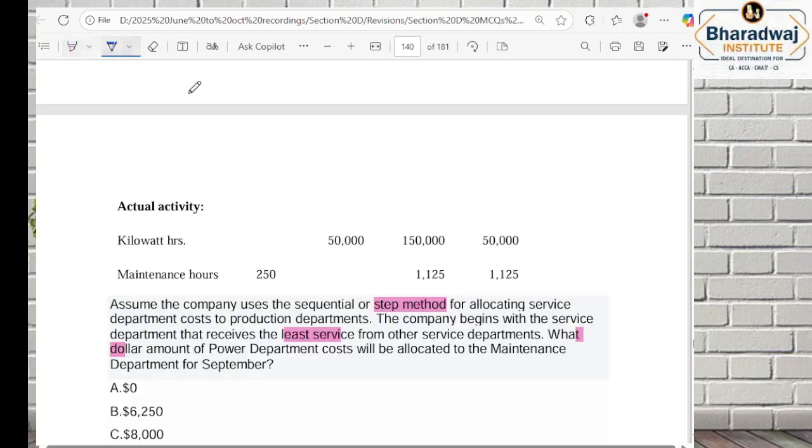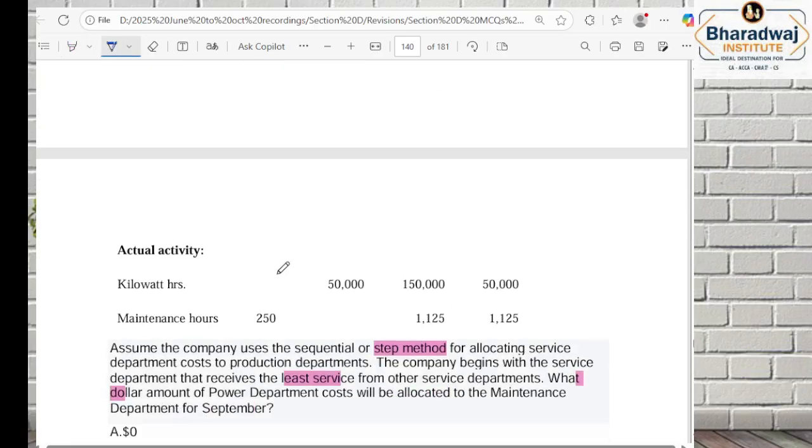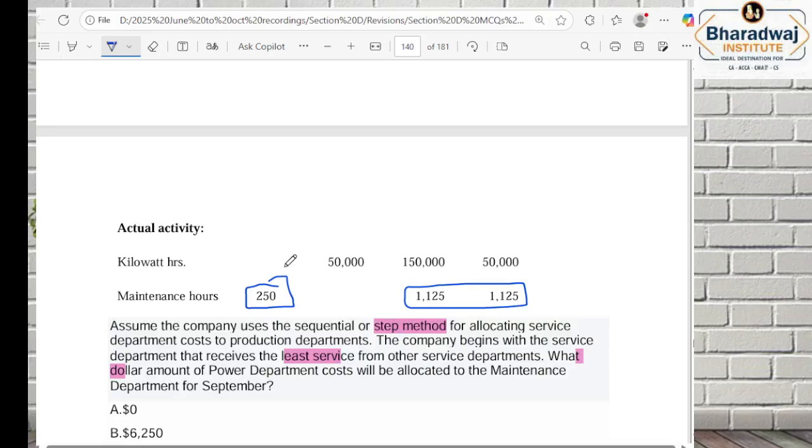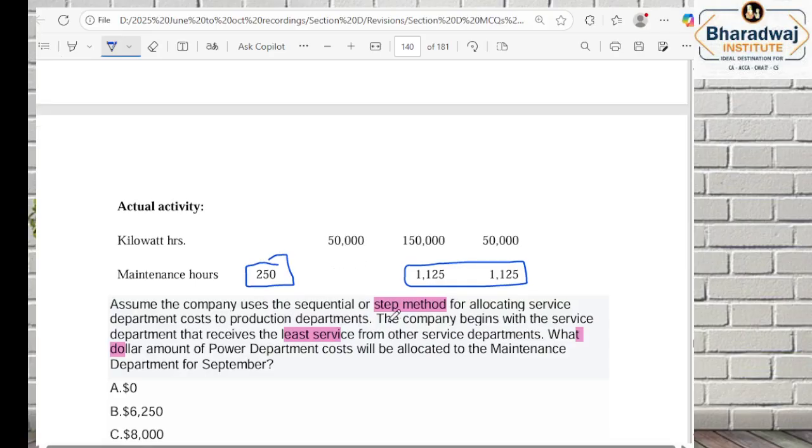Look at the power consumed by the maintenance department. 250 hours out of the remaining 2,500 hours. Power is in kilowatts.